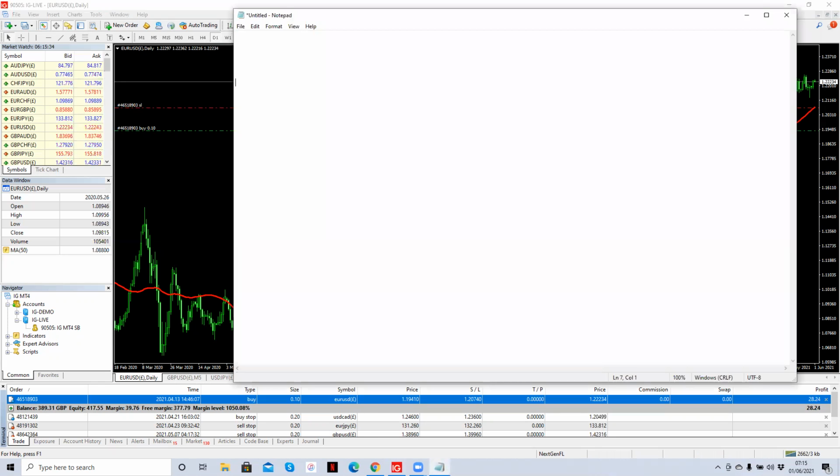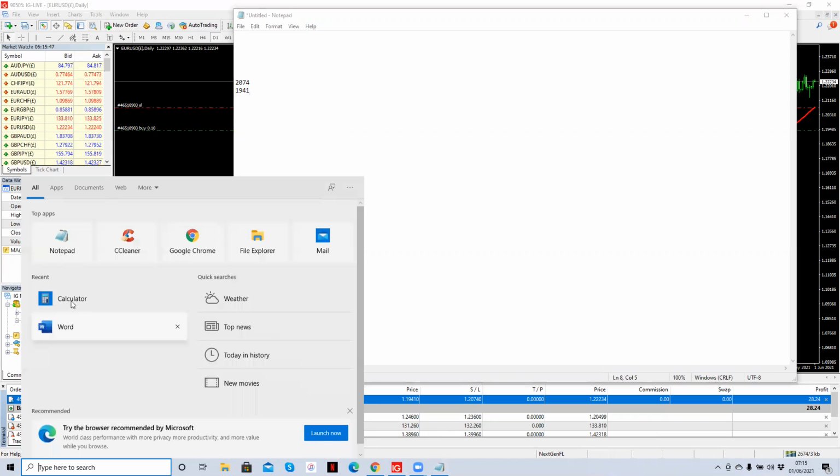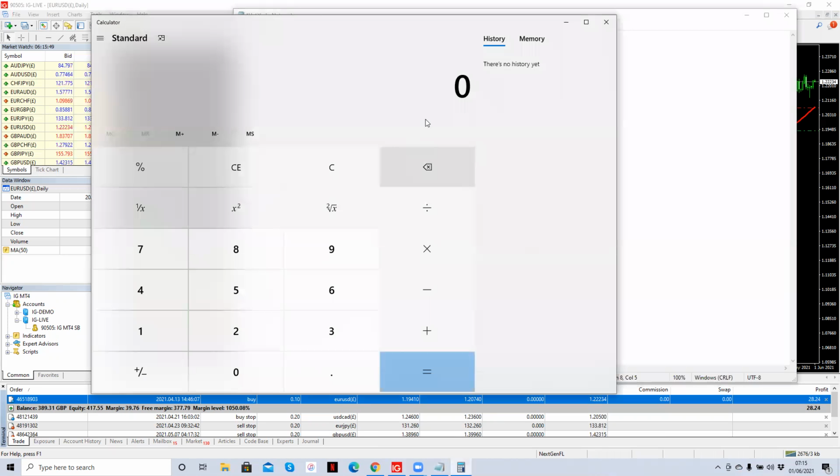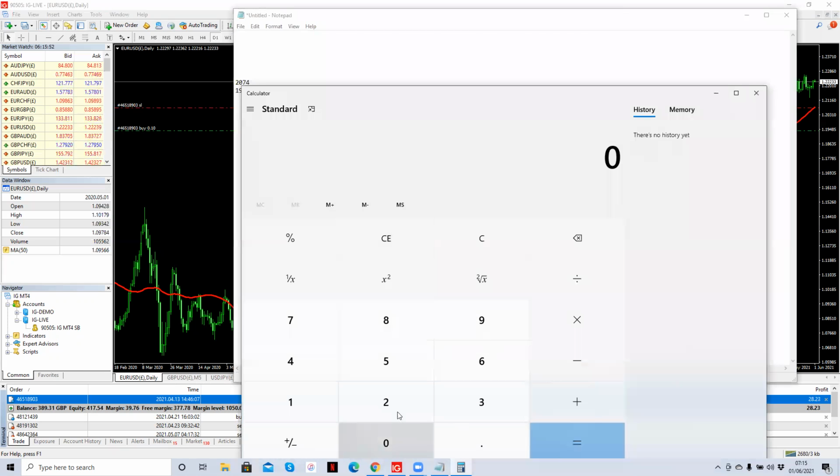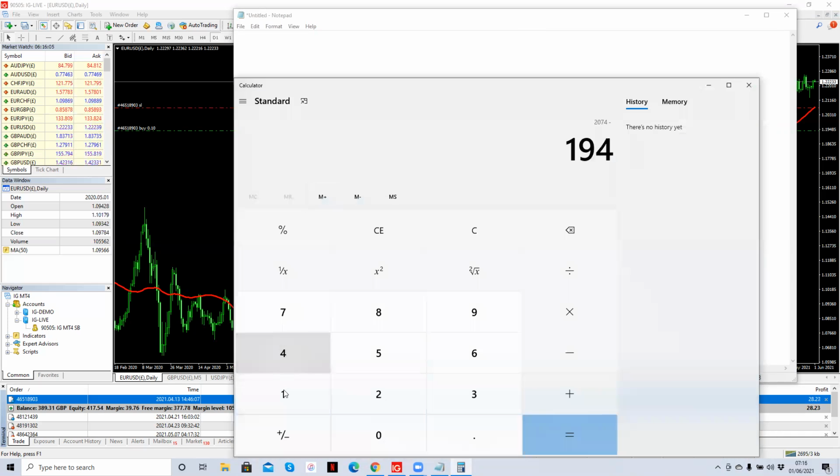So stop loss is 1.2074. And my entry level was 1.1941. So 1.2074 minus 1.1941. That's 133 pips.